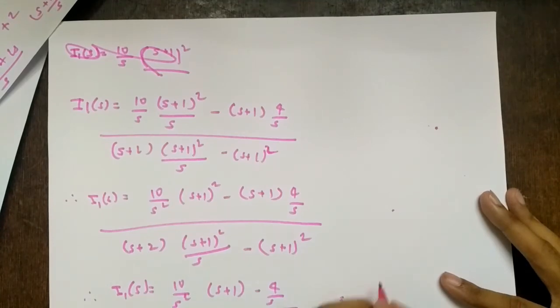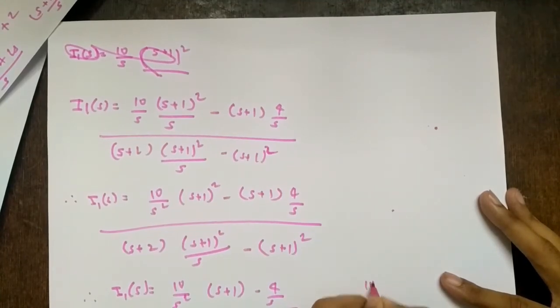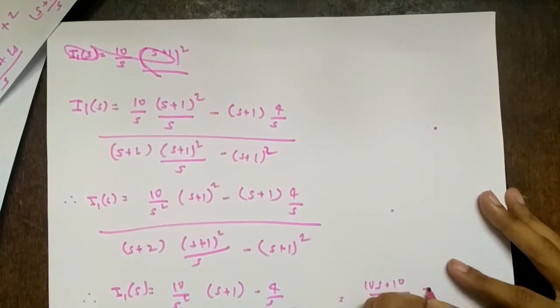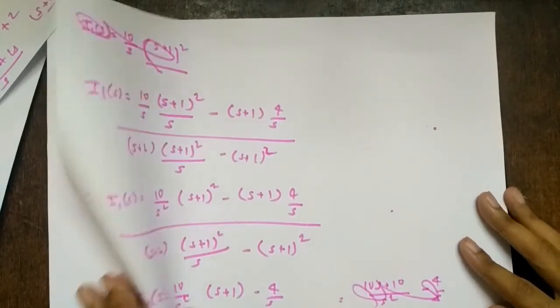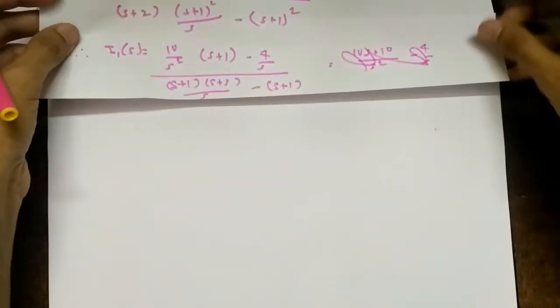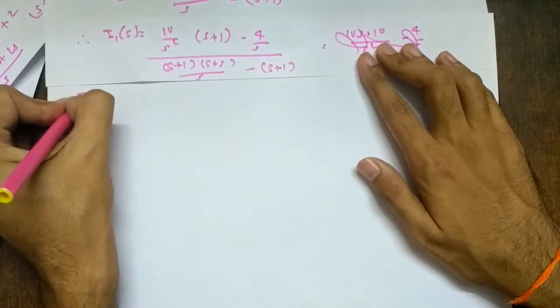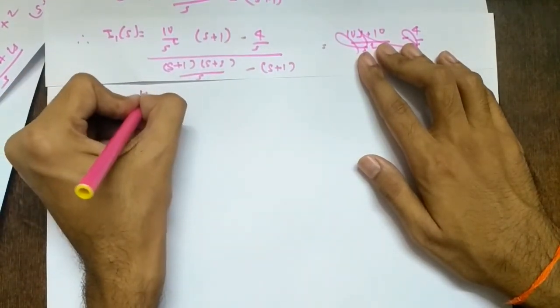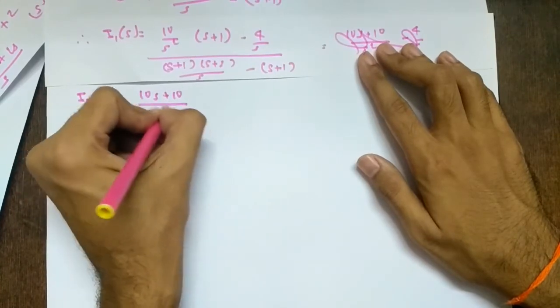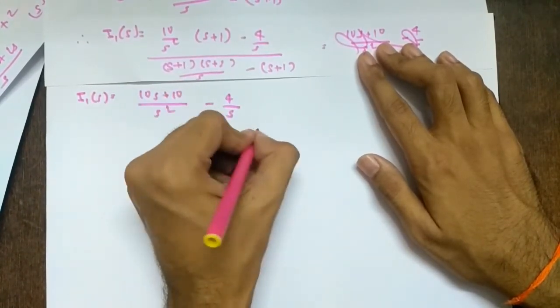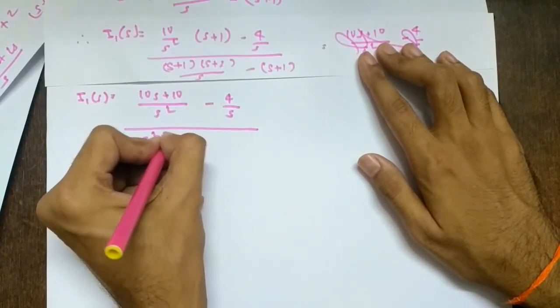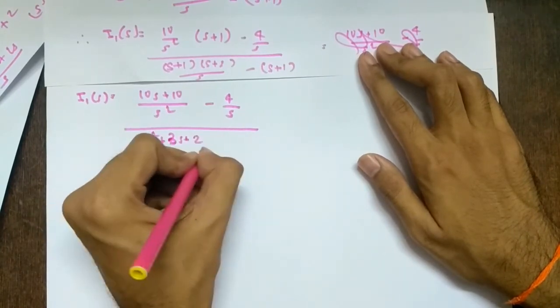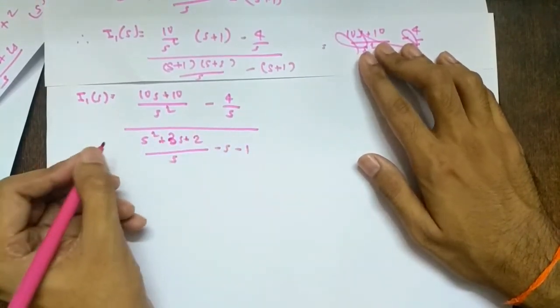So if you solve this, what will you get? So 10S plus 1, 10S plus 10 upon S square minus 4 by S. I'll take a new page. So I1 of S equal to 10S plus 10 upon S square minus 4 upon S upon S square plus 3S plus 2 upon S minus S minus 1.